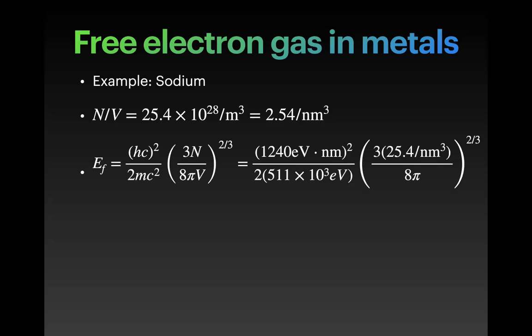So then to calculate the Fermi energy, you might notice, or might not, I added some factors of c in the calculation. You don't have to, but I know what hc is, 1240 eV nanometers, and I know the mass of the electron is 511 keV per c squared.